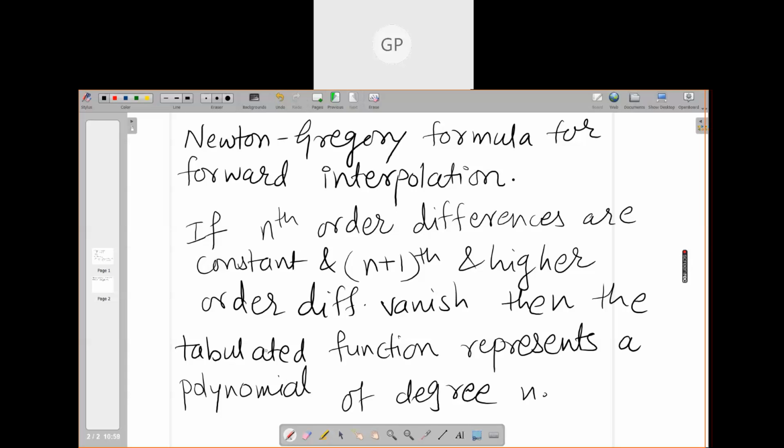So we will have n plus 1 values with us, which are given in the form of a table, x values and y values. Then we will construct a forward difference table, and then we will try to find a polynomial which approximates the given data. We don't know what is the relation between x and y. We want to establish that relation, and even without establishing the relation, you can directly find the value at a particular x value which is in the given range.